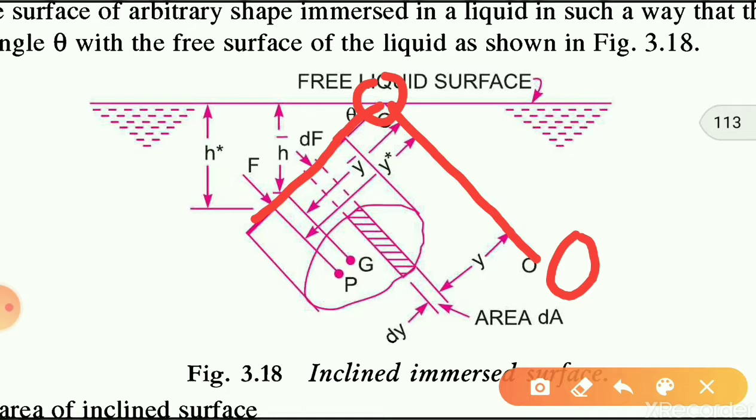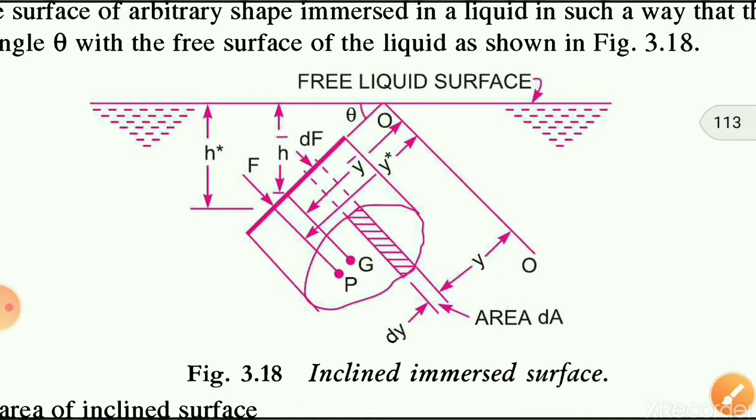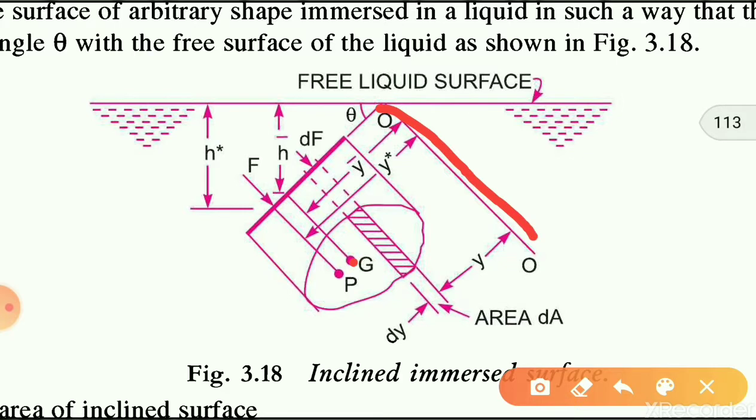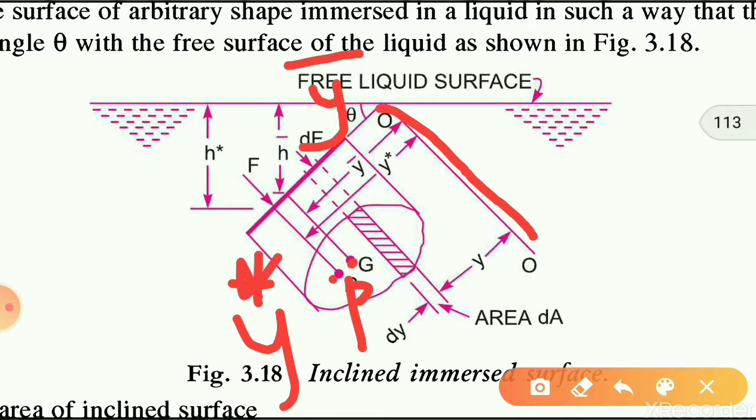Now the distances between these are like this. Distance of this center of gravity from this axis OO is equal to y bar. Distance of this center of pressure from this axis OO is y star.